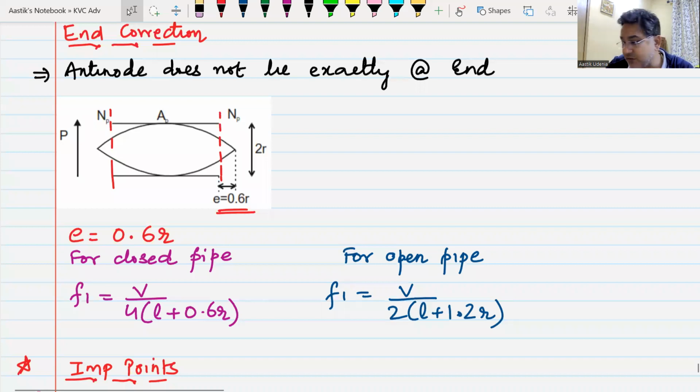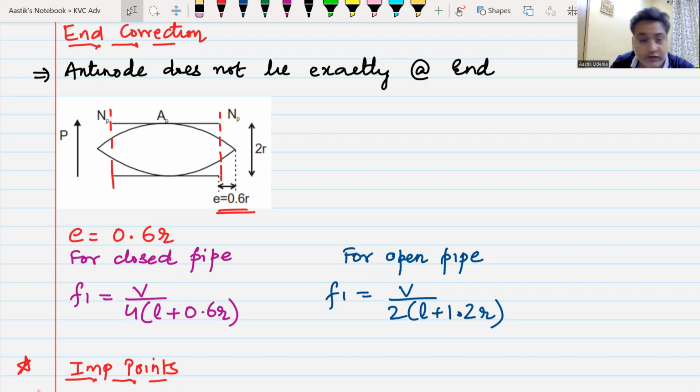These are pressure nodes, and these pressure nodes actually do not happen at the end. They happen at a distance 0.6 r from the ends, and that is known as the end correction. An open pipe has two end corrections, whereas a closed pipe has only one end correction. Do we remember this? Yes, sir.